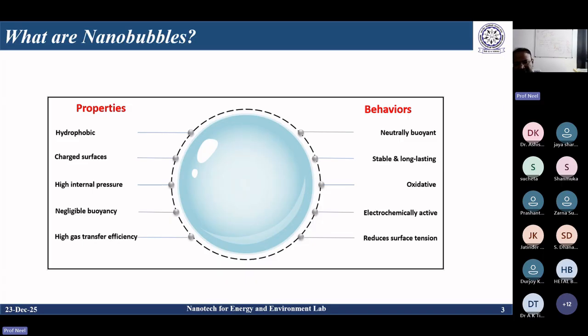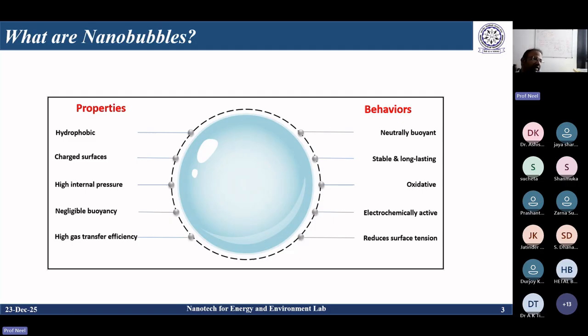It has an oxidative property. It can create free radicals, and the free radicals can be used for degradation of various chemicals present in the water. It also has electrochemically active properties. It reduces surface tension, and that's why it is also called a bubble with cleaning capability. Nanobubbles reduce the surface tension of the water, and that cleans the surfaces.